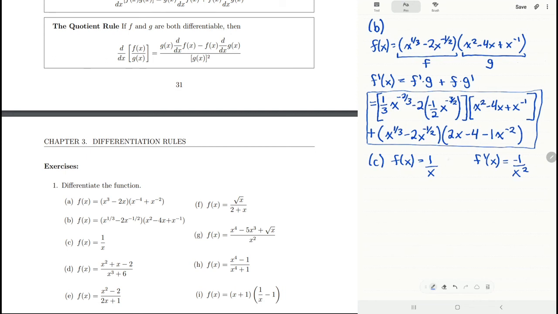The numerator is going to be our f, the denominator is going to be our g. So the derivative using the quotient rule is going to be f prime times g minus f times g prime, all divided by g squared.